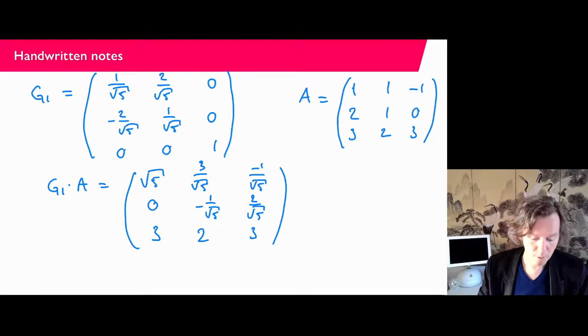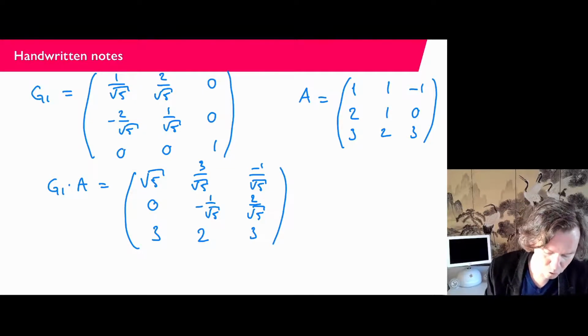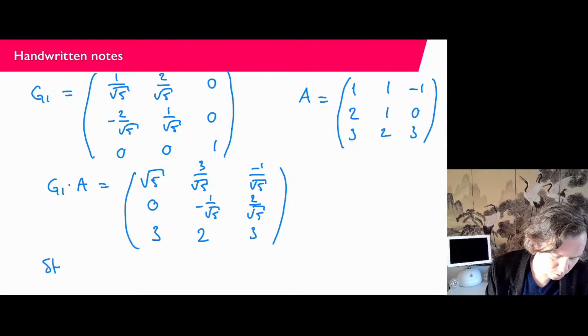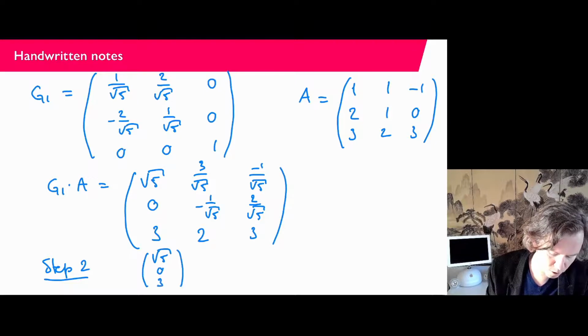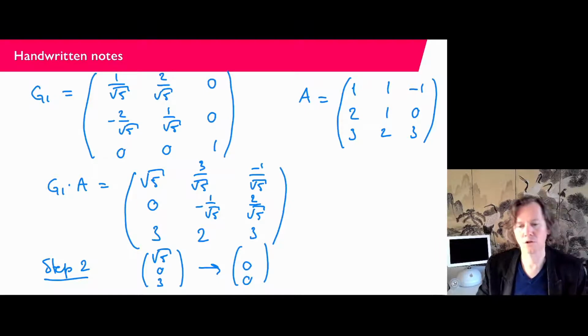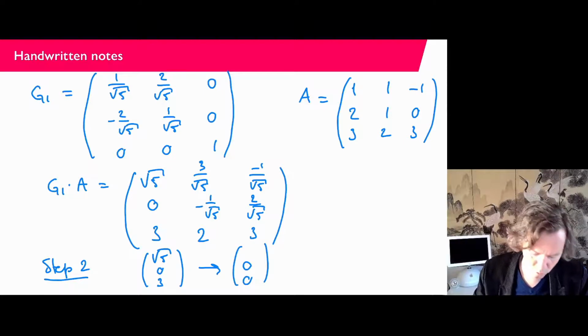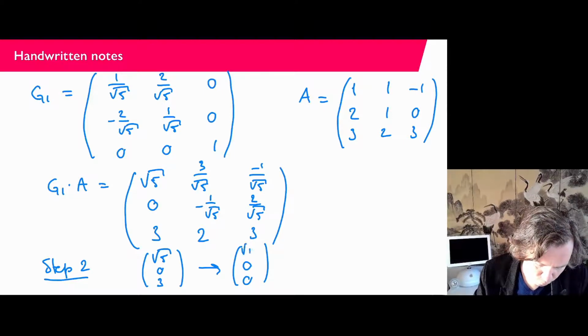So the next step, step 2 of our Givens rotations and how to choose them, is that we again look at the first column, square root of 5, 0, 3 it has become now, and we would like to transform that into something that has 2 zeros. So that means that the first component should by construction be equal to square root of 14, because we need to preserve length.